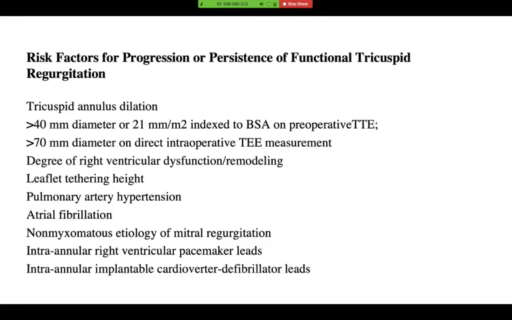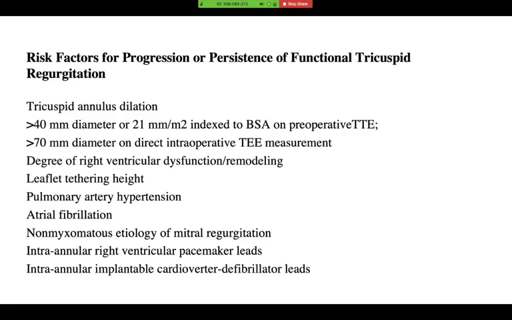These include tricuspid annular dilatation, that is more than 40 mm in diameter or 21 mm per meter square indexed to body surface area on preoperative TTE, and more than 70 mm diameter on direct intraoperative measurement, or any degree of right ventricular dysfunction or remodeling, or leaflet tethering height.